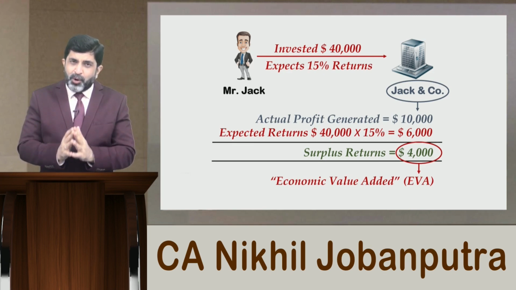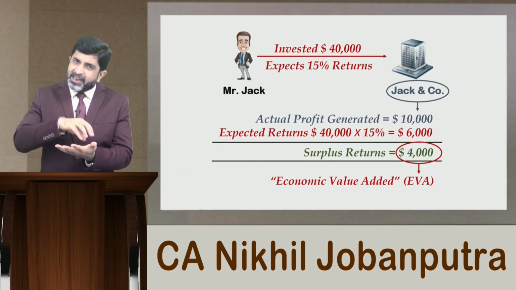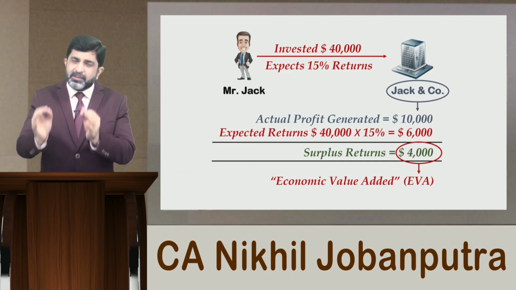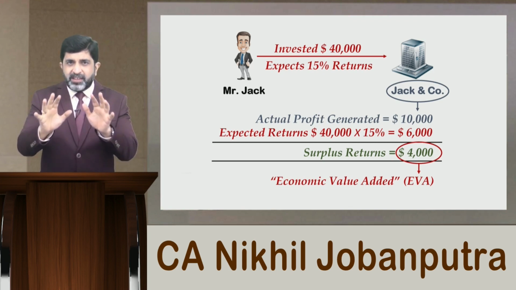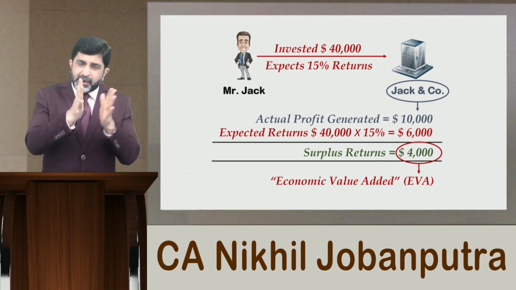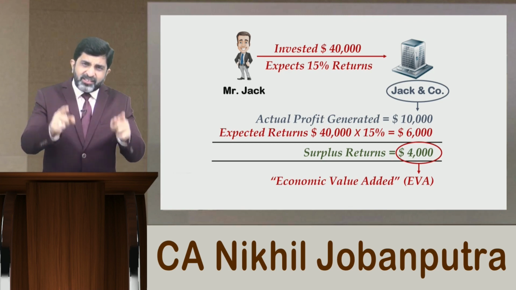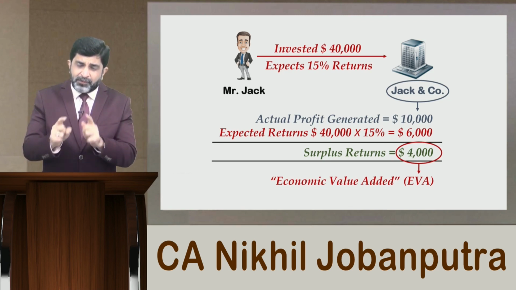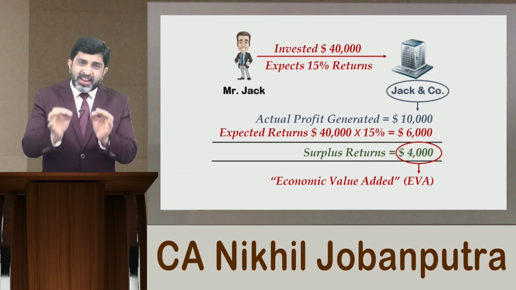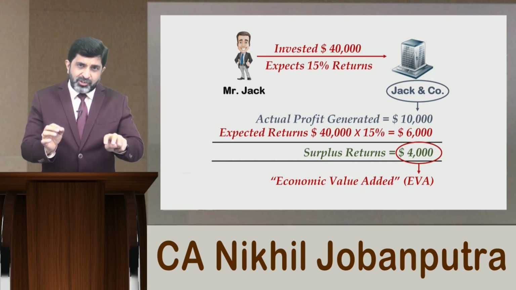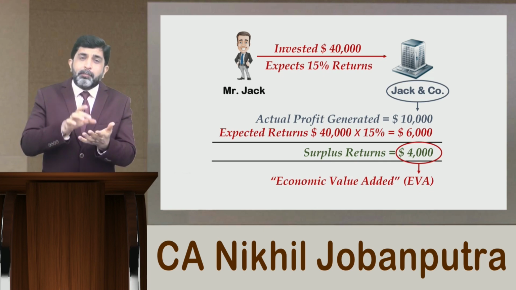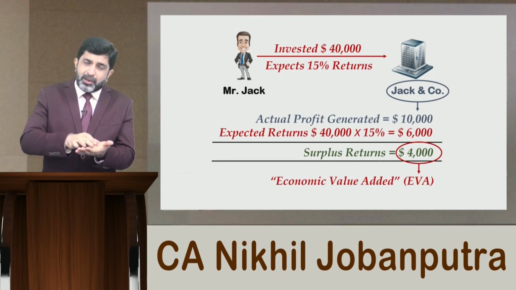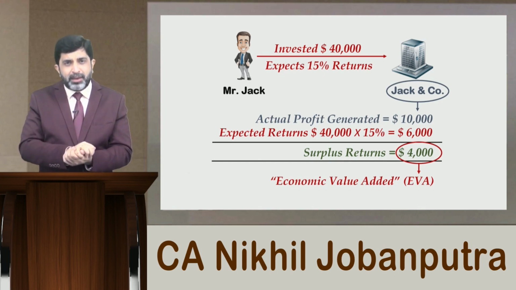Now, the point is how to determine net operating profit after tax. We will definitely discuss different approaches, different ways, to get that net operating profit after tax. Once you arrive at net operating profit after tax, from that you just have to subtract the capital charge, and capital charge can be determined by applying the weighted average cost of capital to the total amount of capital employed.